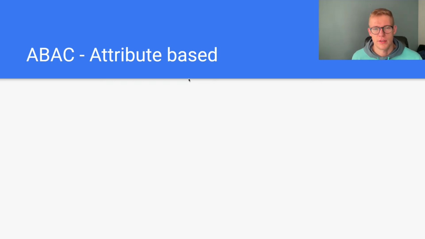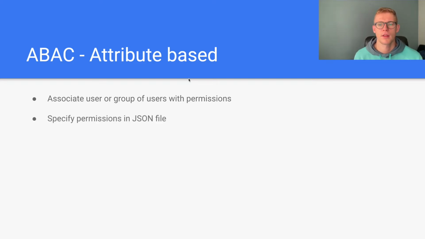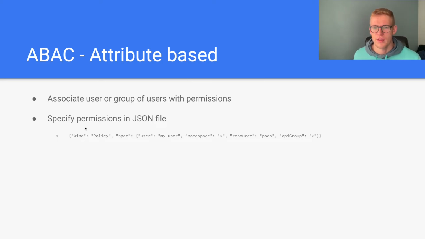The next type of authorization is ABAC, attribute-based access control. With this type of authorization, we associate users or groups with permissions. We specify the permissions in a JSON file, and this is the format of the JSON file. So we have a policy object, and we specify the user, the namespace, the resource, and the API group.